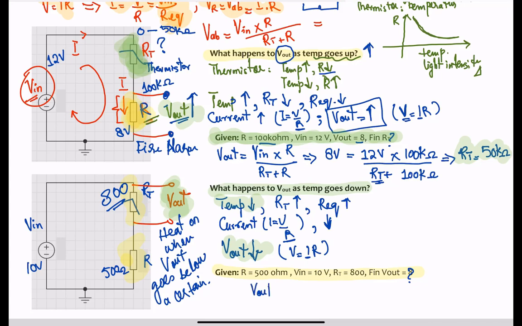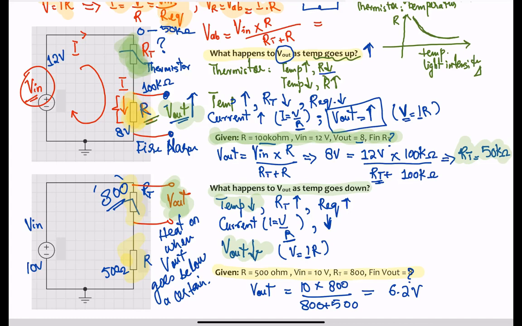V out equals 10 times 800, because the resistance across RT is 800 ohms, divided by the total resistance, which is the sum of the two, 800 plus 500, and if you do the math, you basically get 6.2 volts here.